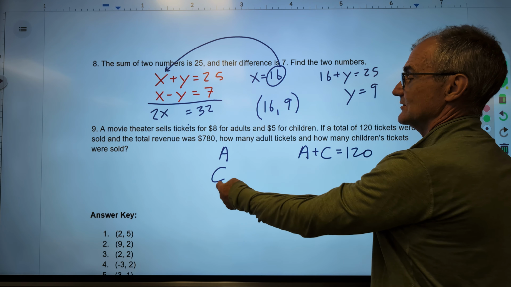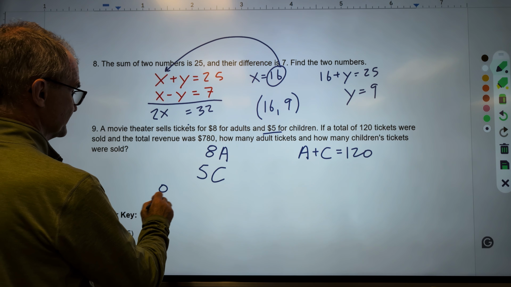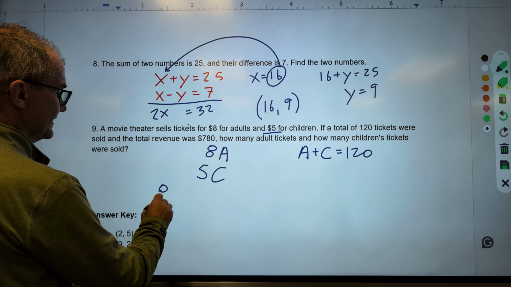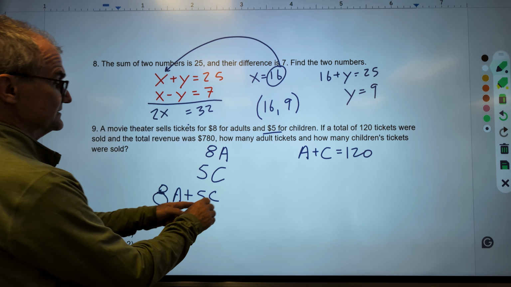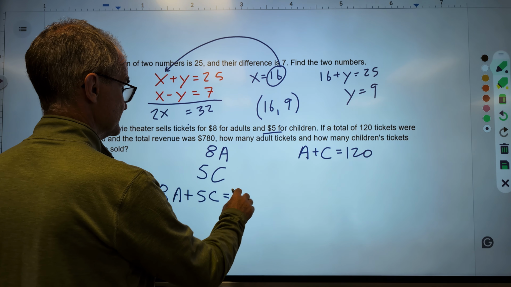The revenue was $780. So $8 adult tickets, $5 children tickets. So that means 8A plus 5C, $8 times the number of adult tickets plus the amount of the children's tickets times how many there are is equal to 780.